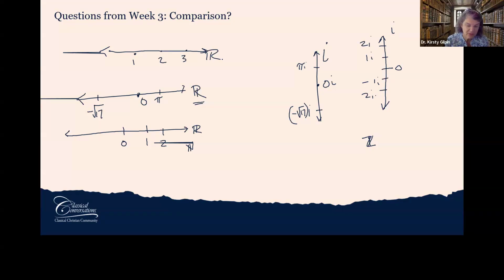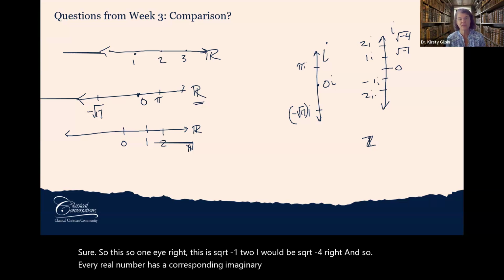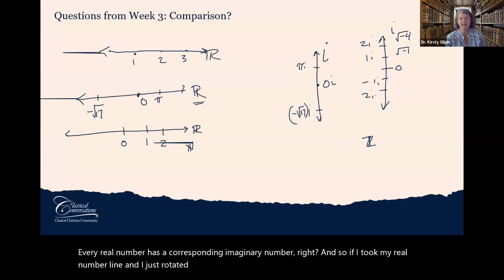Sure. So 1i, right? This is the square root of -1. 2i would be the square root of -4, right? And so every real number has a corresponding imaginary number. If I took my real number line and I just rotated it and I said, now it's imaginary, every single point is going to have a corresponding imaginary number.